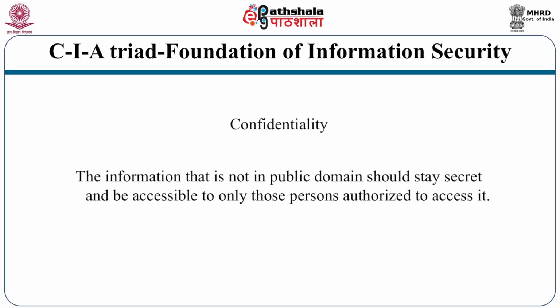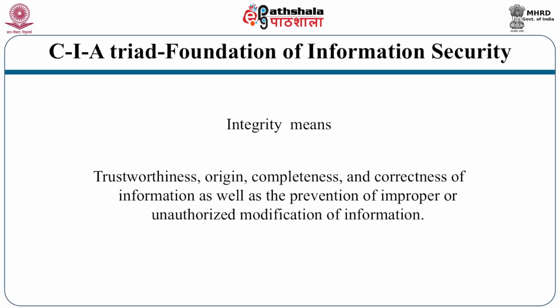Confidentiality means the information that's not in the public domain should stay secret and be accessible to only those persons authorized to access it. Integrity means trustworthiness, origin, completeness. The information should not be tampered with by unauthorized access. That's integrity.